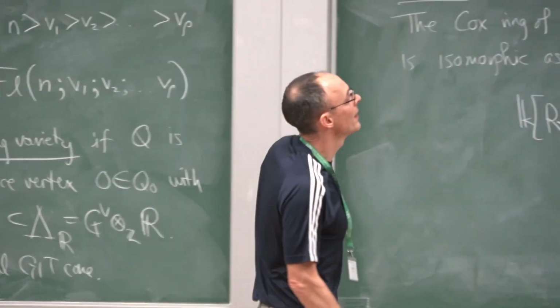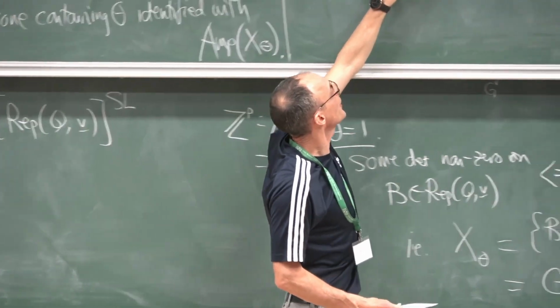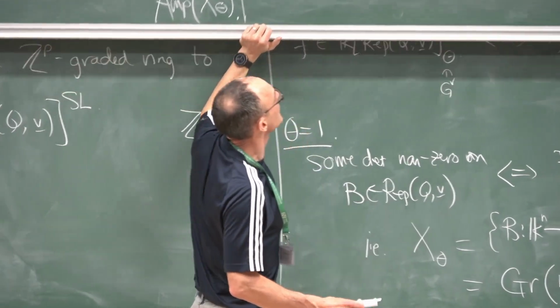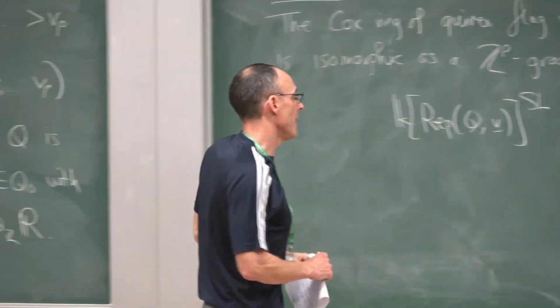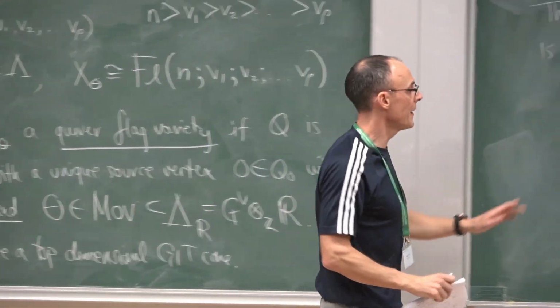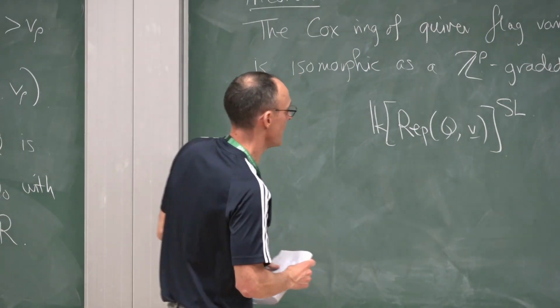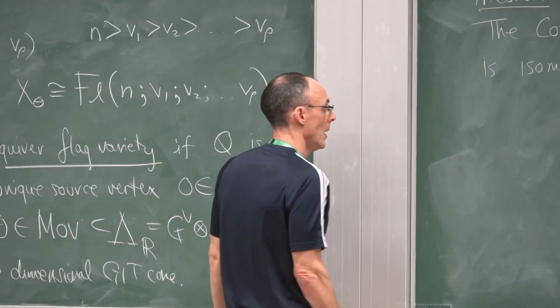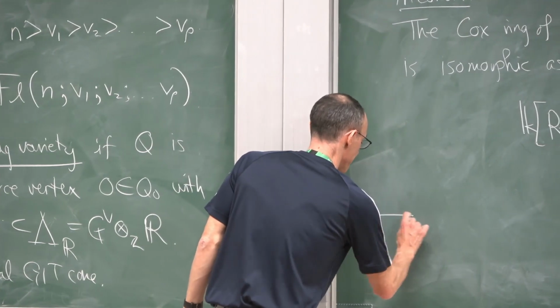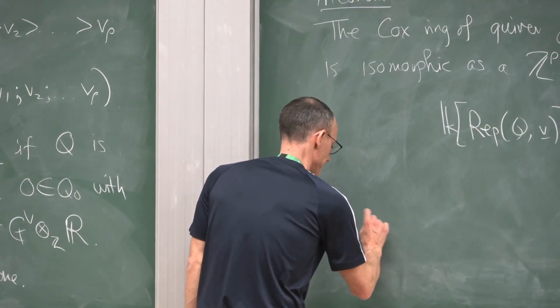And so now let me quote Josh again. He said SL is a reductive group, and products of reductive groups are reductive. And this is the invariant locus for the action of a reductive group. And this was nothing more than a polynomial ring in some collection of variables indexed by the number of arrows. And so, as a corollary, some of the point of this is that this is finitely generated.